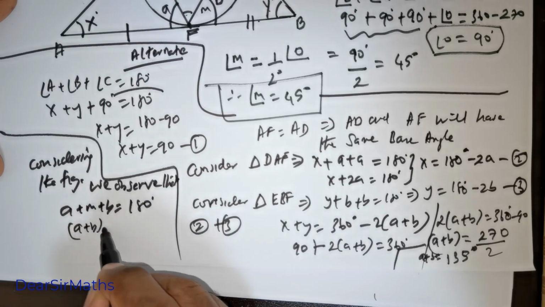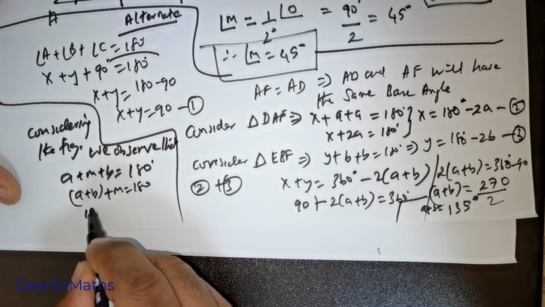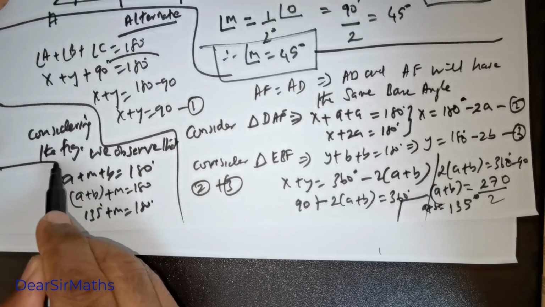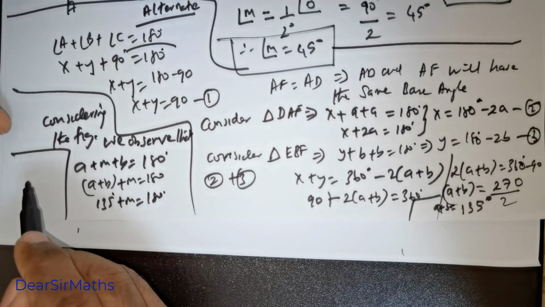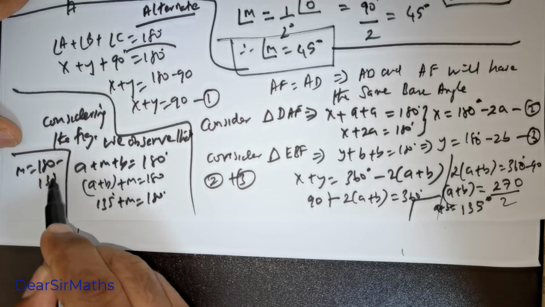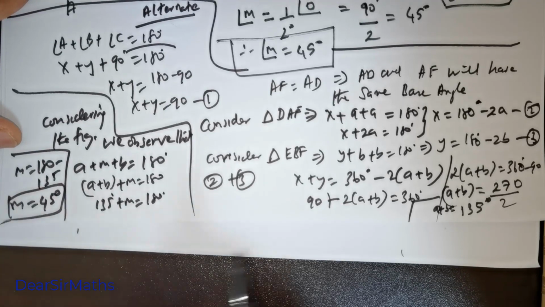Now that means a plus b plus m is equal to 180, but a plus b is 135. So 135 plus m is equal to 180. We need m. So m is equal to 180 minus 135, which is equal to 45 degrees. So this is the value of m.